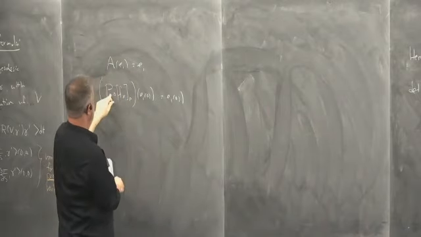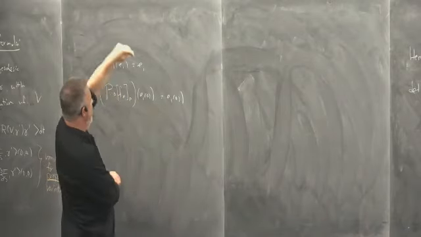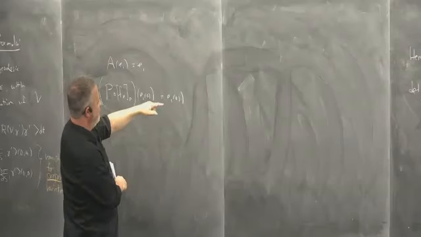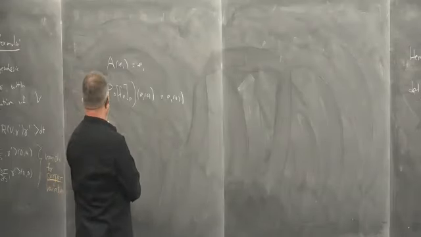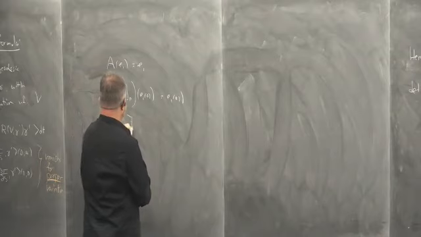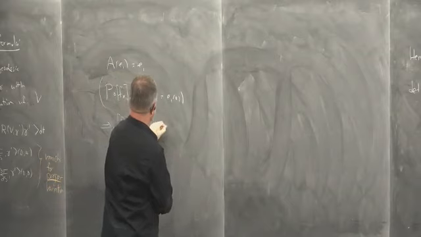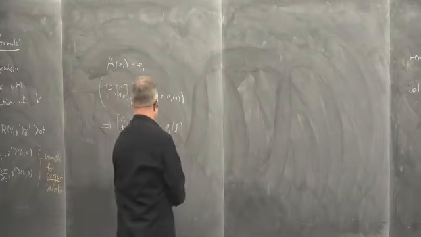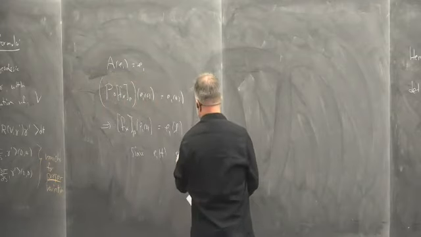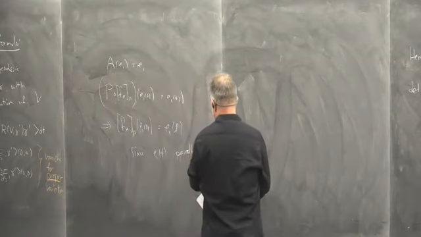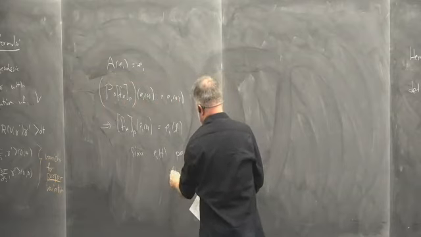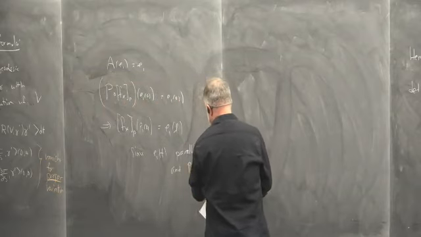But this is parallel transport, remember, from gamma of L back along gamma. And E1 of T is parallel. So this tells us that F star P of E1 at 0 is equal to E1 at L, since E1 of T is parallel along gamma, and parallel transport is unique.